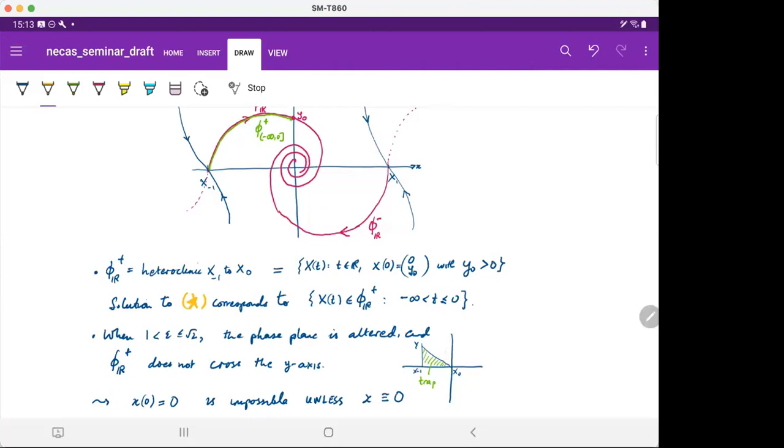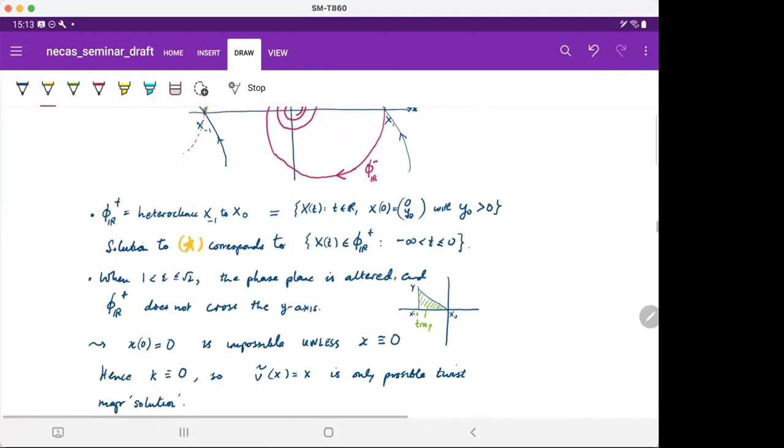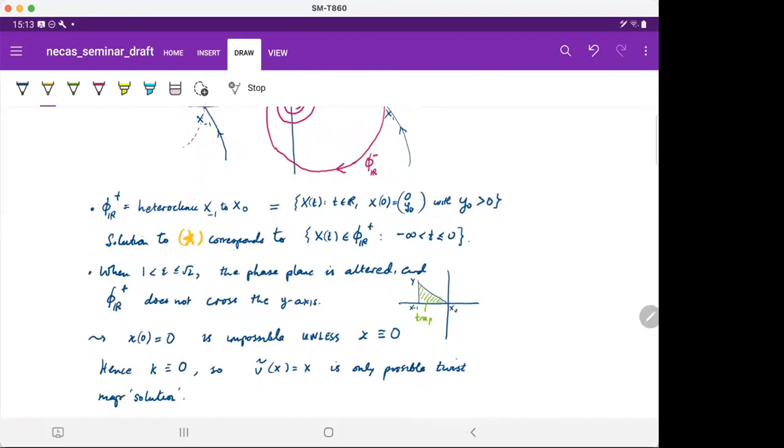So you can't solve the boundary condition x of 0 equals 0 unless you are identically 0. And that explains why k identically 0 is the only possible twist map solution when epsilon is less or equal to root 2.